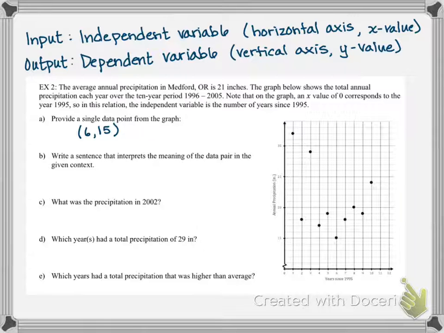So if I look at the point 6, 15, what does that tell me in terms of rain and time? What's the 6 tell me? It's 2001. Right, so it's been 6 years since 1995. So in 2001, what can I say about the rain in that year?